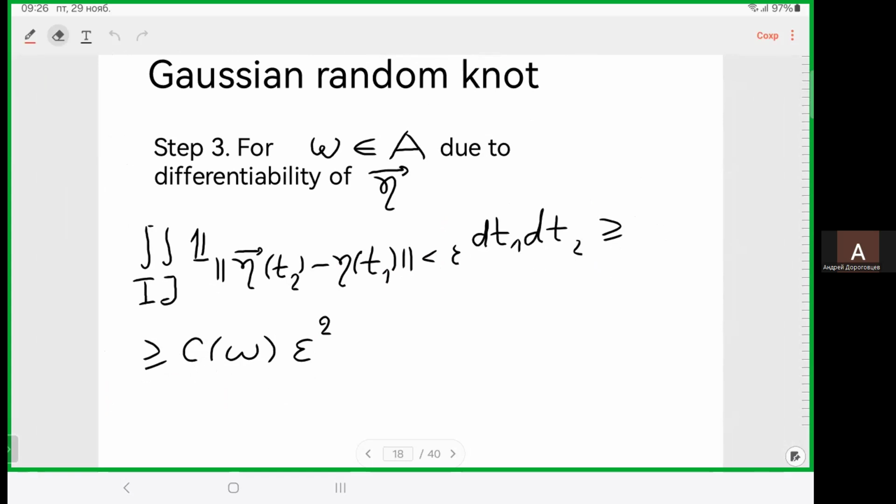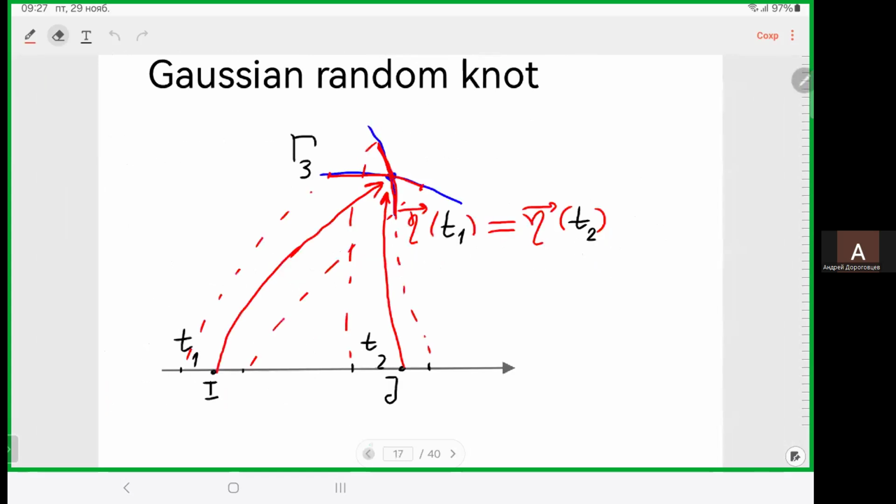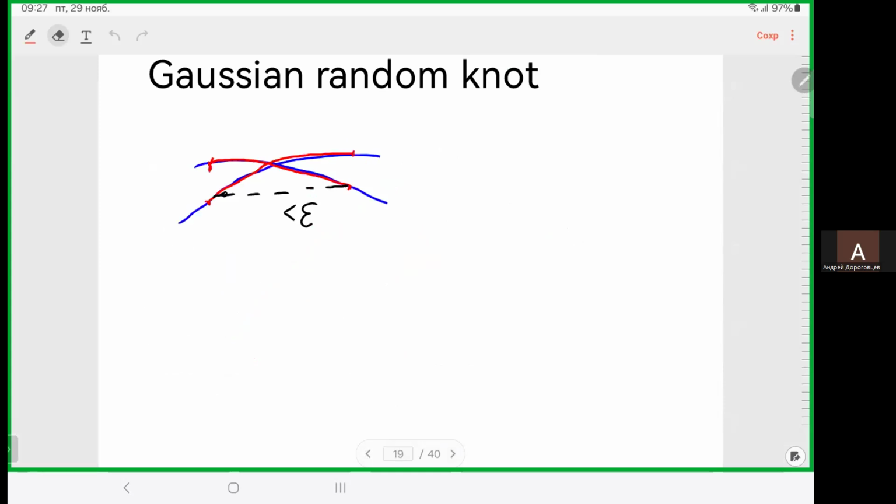It is trivial because we already have this picture. And you see these intervals where we have a point close to the point of self-intersection. You see that we spent the time, double integral dt ds, which is greater than or equal to epsilon times epsilon to the power 2.